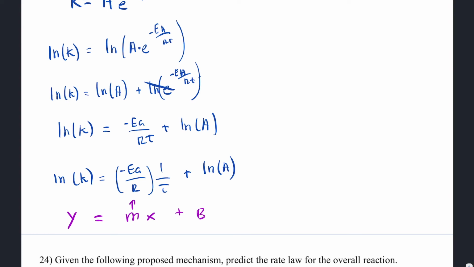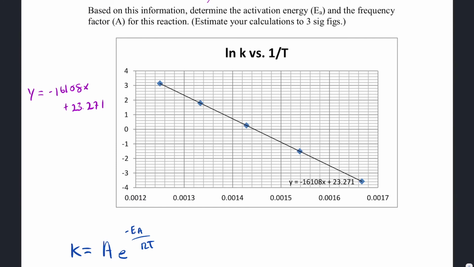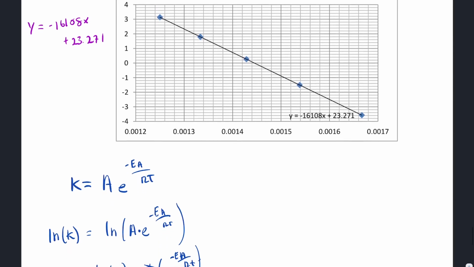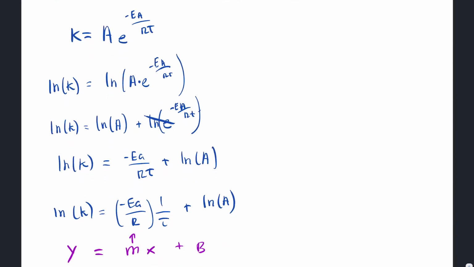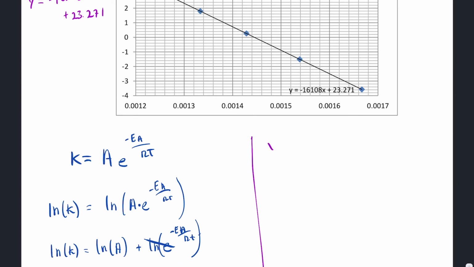Now let's look at the question and see what they're asking for. Based on this information, determine the activation energy, EA, and the frequency factor, A. Estimate your calculations to 3 significant figures. So they want the frequency factor, which is A. Let's look at the equation that they wrote. y is equal to negative 16108 x plus 23.271.